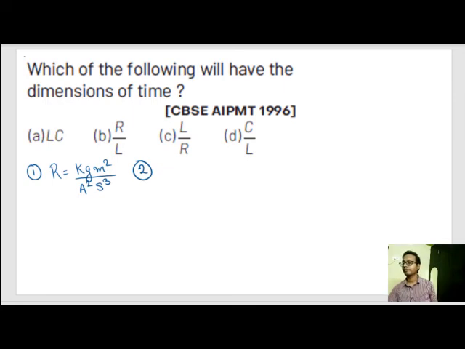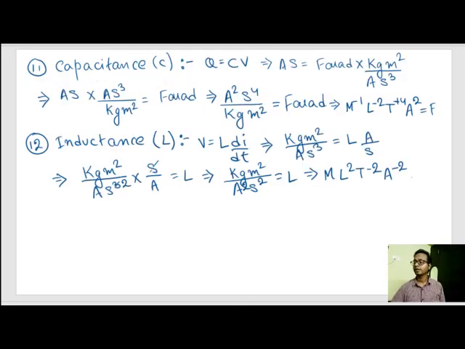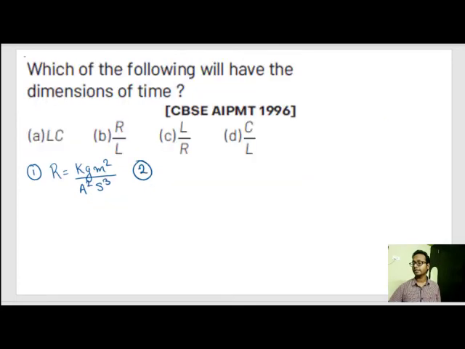The dimension of capacitance is given by ampere square s to the power 4 by kg meter square. Sorry, this is the unit of capacitance.